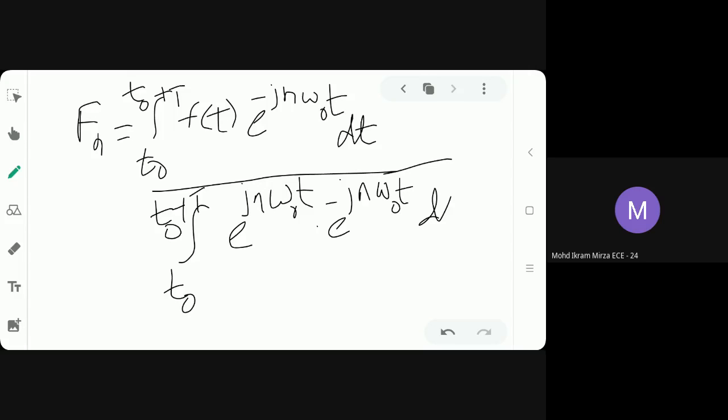So what is the product of these two functions? This is like e power a into e power minus a.